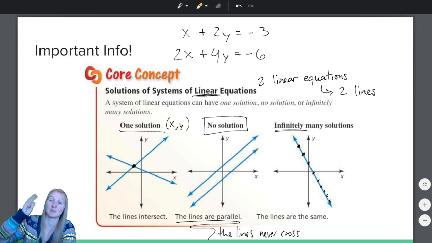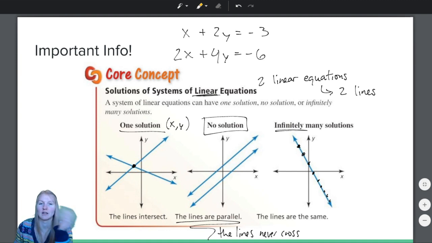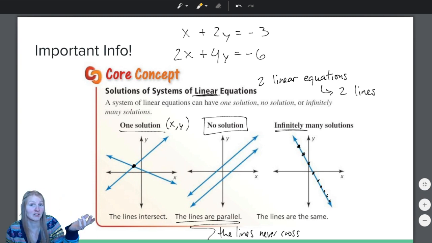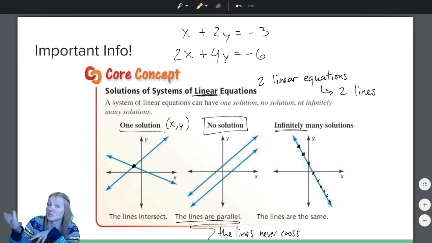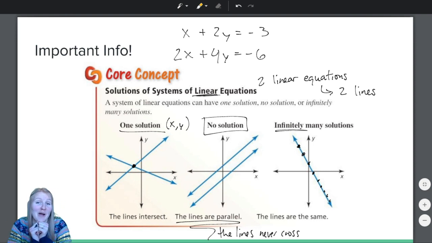We might be able to count it, but it would take an infinite amount of time to count. And if you're wondering, there are different sizes of infinity. There's countable infinity and an uncountable infinity. You'll learn more about that if you take math classes in college, but we're not going to talk about that here. So there are infinitely many solutions when the lines are the same line.